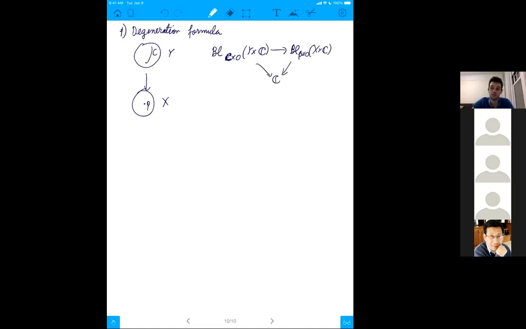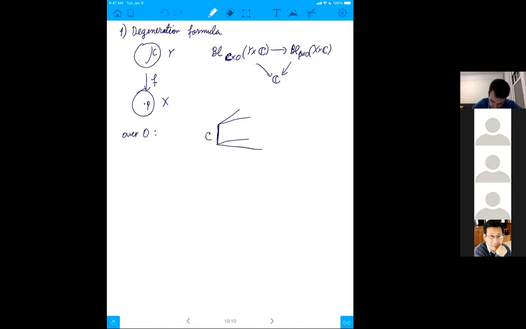So over a non-zero complex number, the family looks like what I drew on the left-hand side, this contraction of C. Over 0, both Y and X will have two components. So one will be, for Y, the compactification of the normal cone.